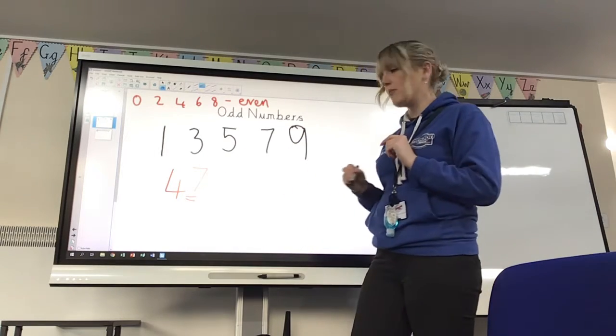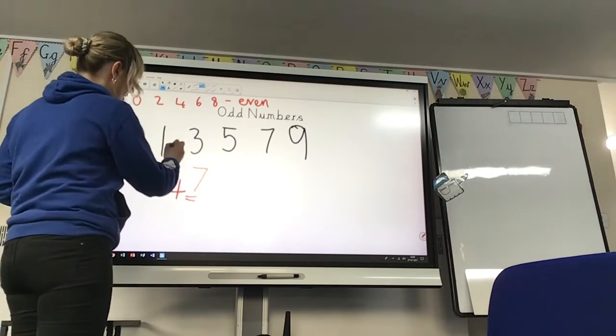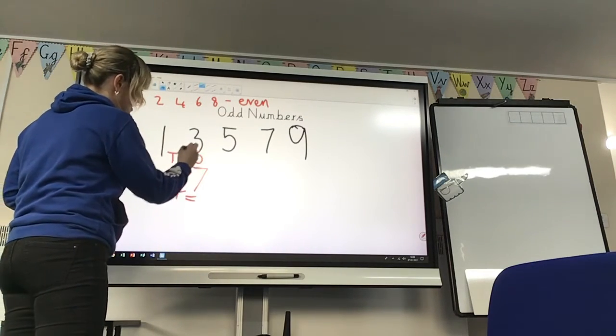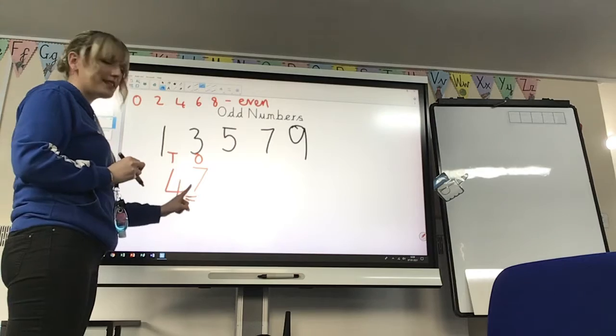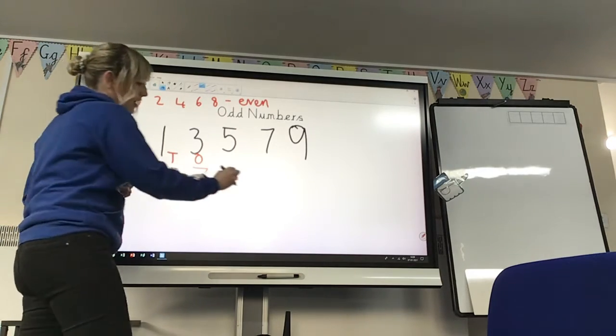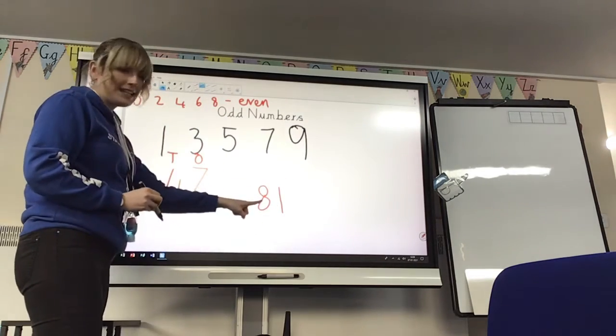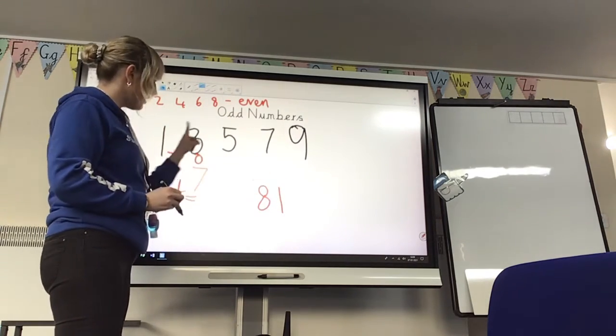So whatever digit is in the ones column tells us whether it's odd or even. So 47 ends in a 7, so it's odd. The number 81. Now I know that 8 is an even number, but 1 is odd.